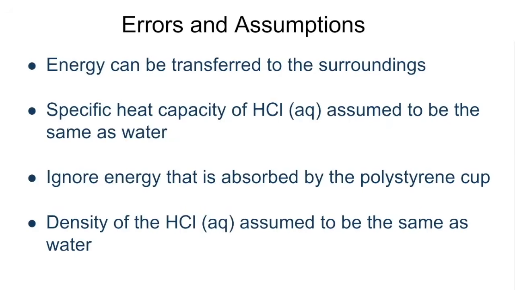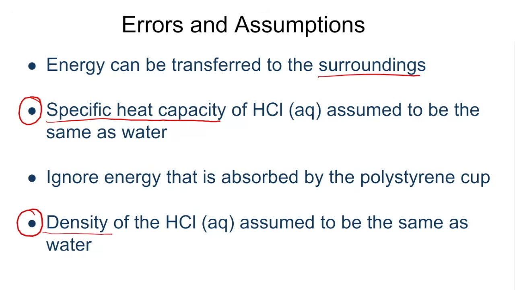Major errors that can come up, and this typically comes up in exam questions, so it's important to know these, is that sometimes our energy can be transferred to our surroundings. We need to take into account that we do get heat loss. We also make 2 very large assumptions, and that is the second and the 4th bullet points. We make the assumption that the specific heat capacity and the density of our HCl is the same as water.